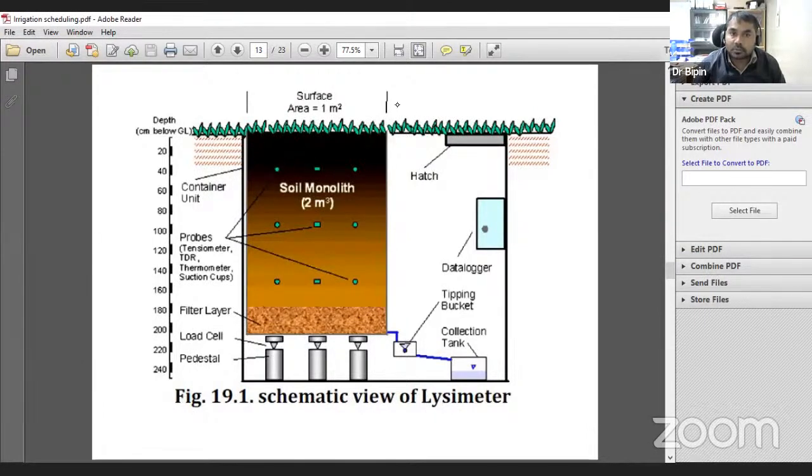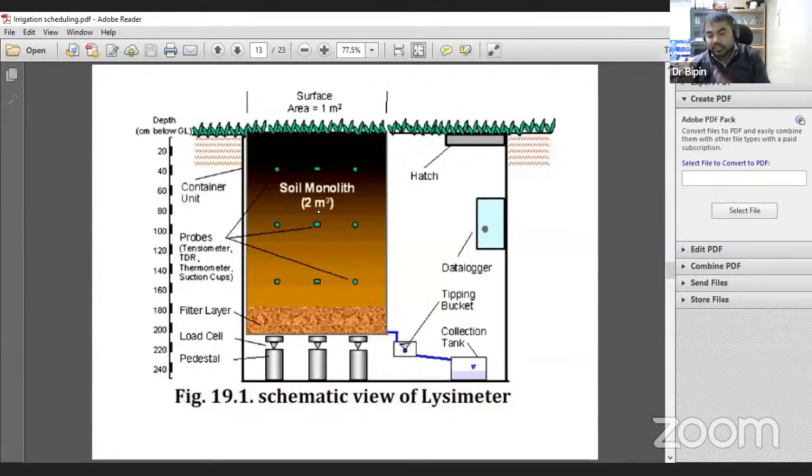When we apply water, it will show the weight value, and as water is lost in the form of evaporation and transpiration, the value will change. This is one of the ways you can estimate evapotranspiration from a soil monolith. Why do we call it a soil monolith?